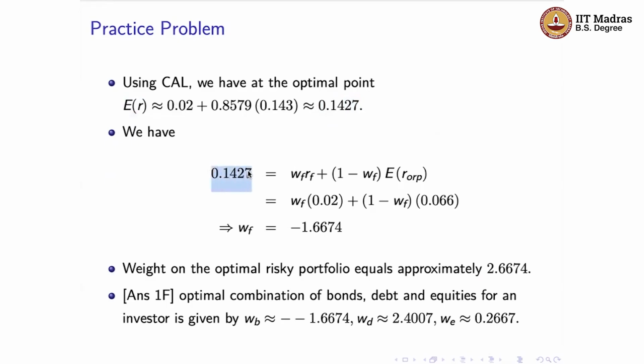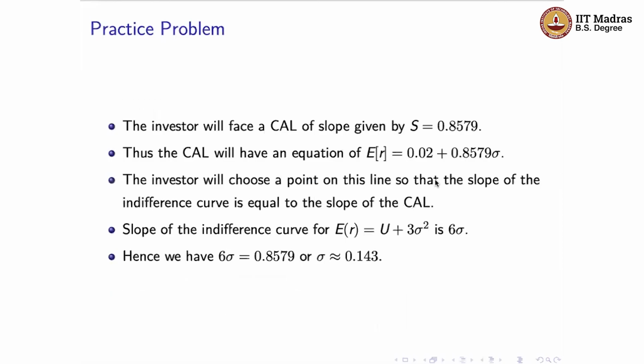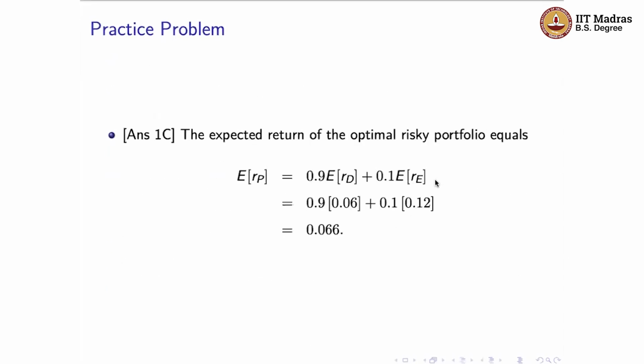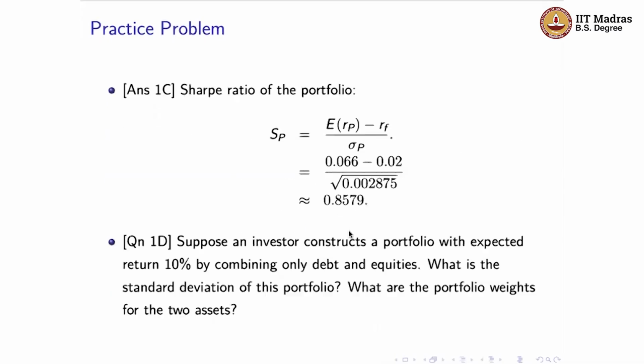This is the expected return of the portfolio, and this comprises the risk-free asset plus the optimal risky portfolio, right? So there's a weight of WF on the risk-free asset, and therefore a weight of 1 minus WF on the optimal risky portfolio. Now, if you plug in the value of RF and this expectation of R over P, which we had calculated before, remember, here this is the expected return of the optimal risky portfolio.